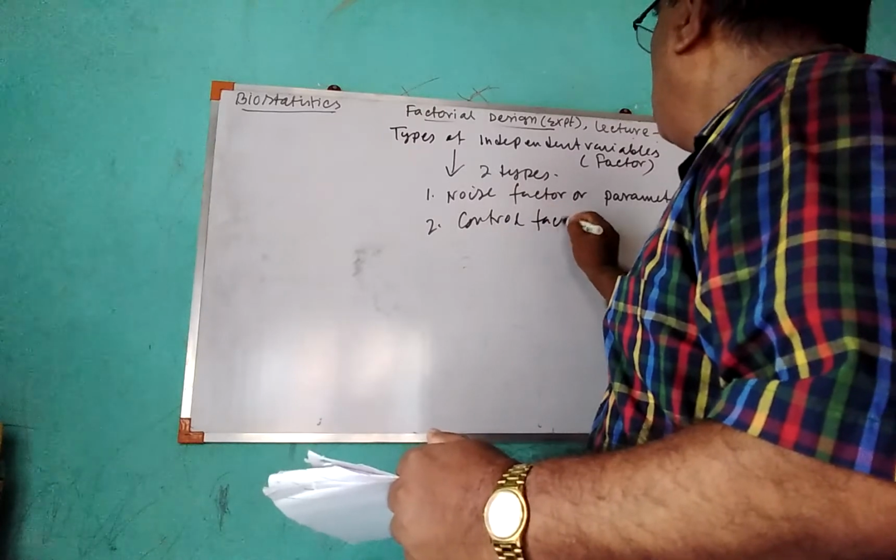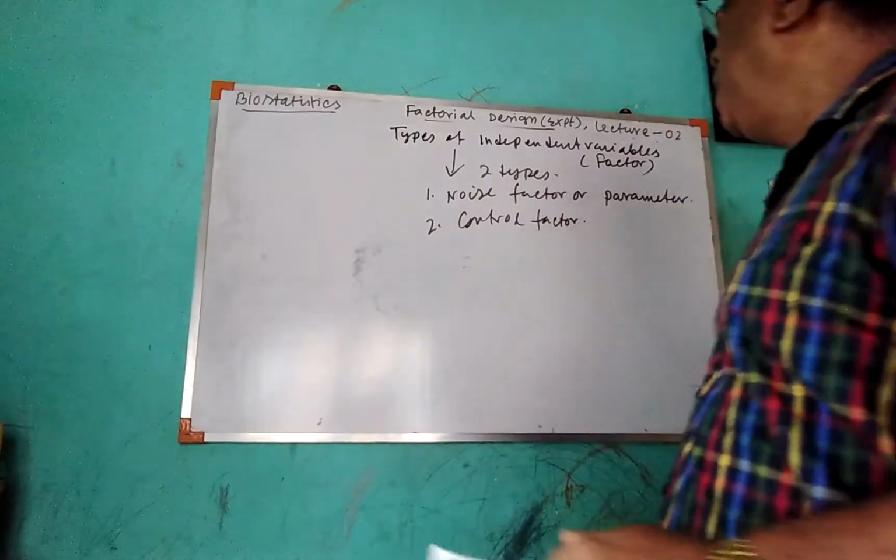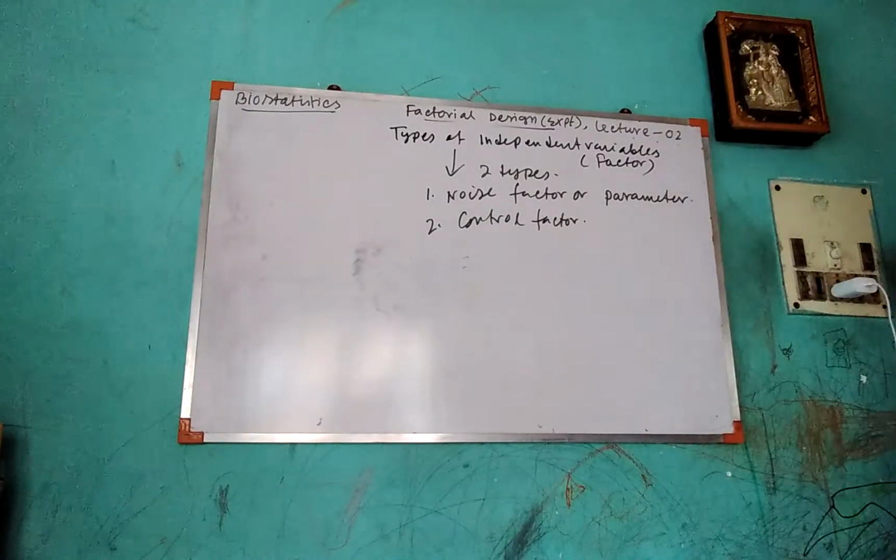Noise factor and control factor are the two types of independent variable.